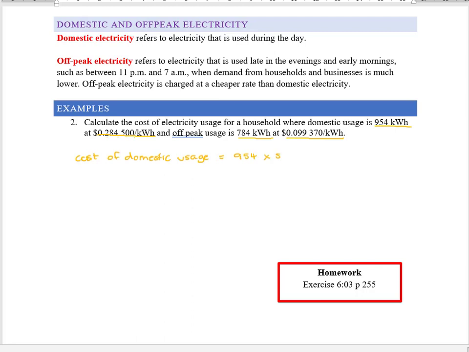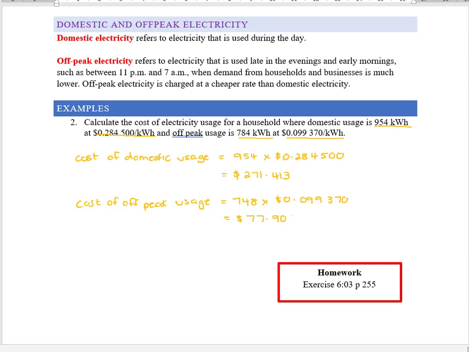So cost of domestic usage is equal to 954 times that 0.248500. So it's 271.413, and I'm going to leave it in the unrounded form because I only want to round once, and that's at the end. Cost of off-peak usage is 784 times 0.099397, and that gives me 77.90608.